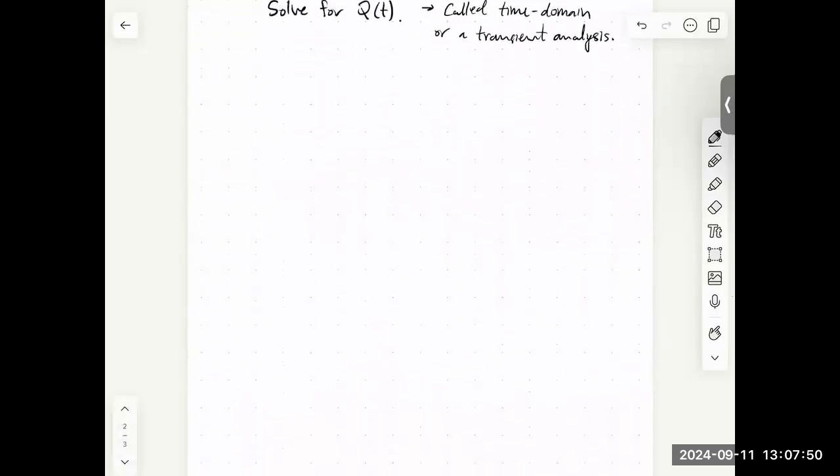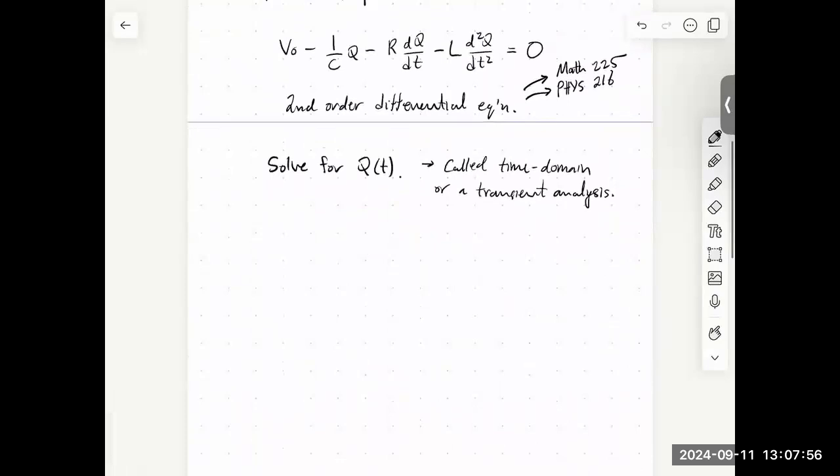Okay, so the first thing I'm going to do is rewrite this differential equation where I don't want any coefficient in front of the second derivative of Q. So I'm going to just divide everything by L. And I'm going to get rid of all the minus signs, so all these terms that have minus signs, they're going to take over to the right-hand side.